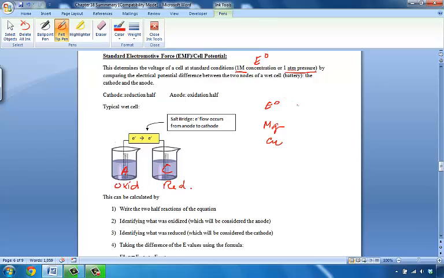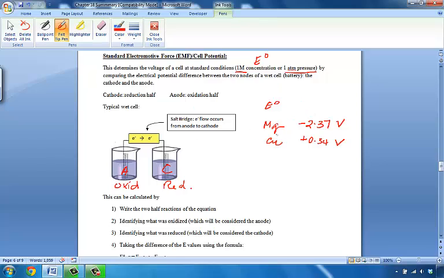So the standard cell potential that we are going to be calculating must come from these values. The E naught for magnesium is actually negative 2.37 volts, and that for copper is positive 0.34 volts.